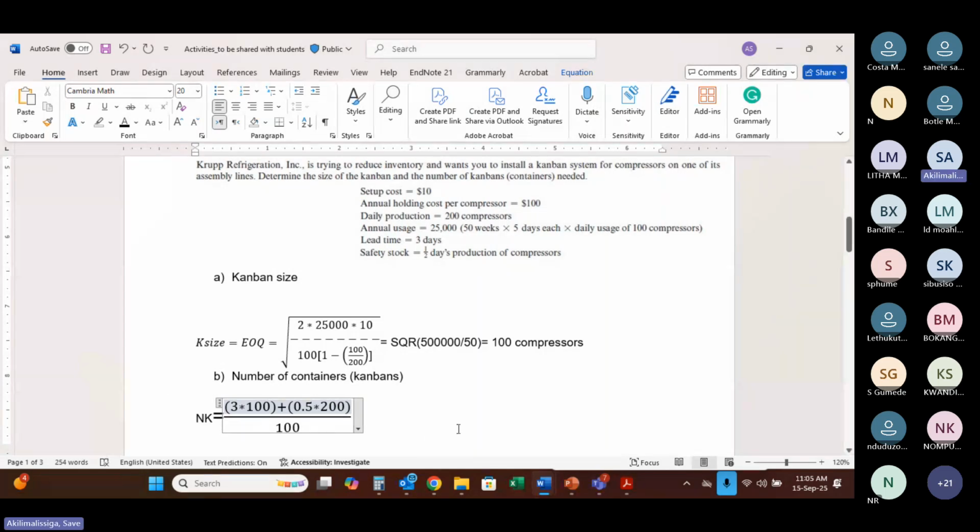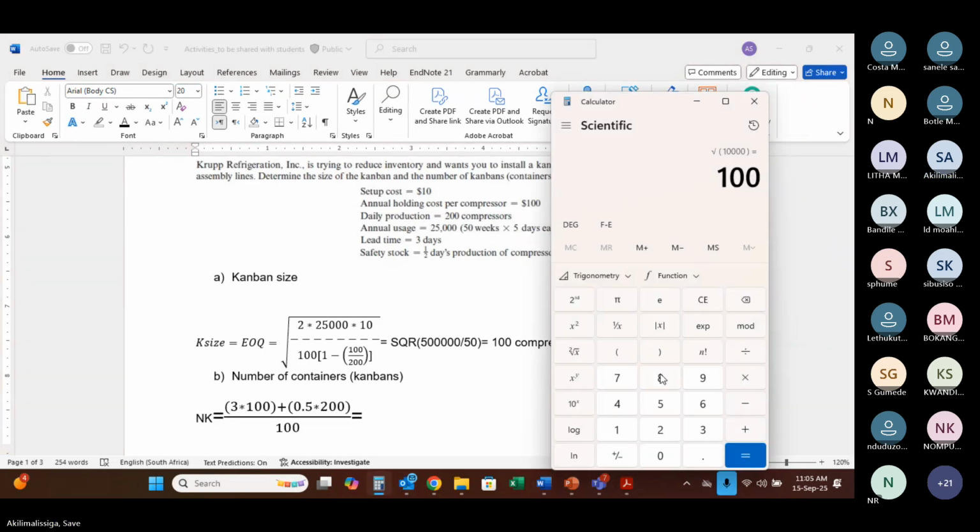So again, once you are here, you can now pull out your calculator and just input the necessary information. So here I'm going to have 3 times 100, which is 300, plus between brackets 0.5 times 200, which is 100.